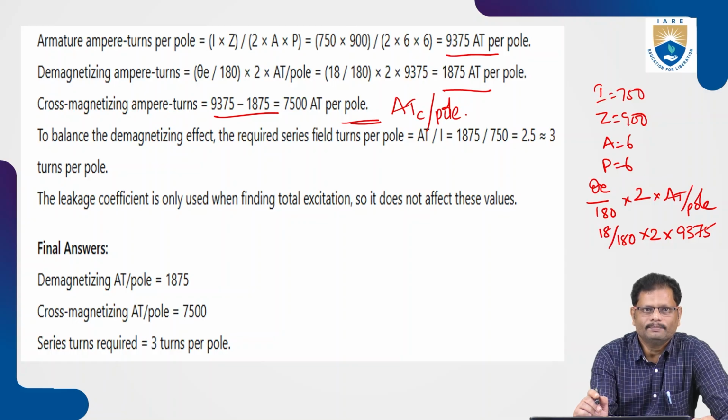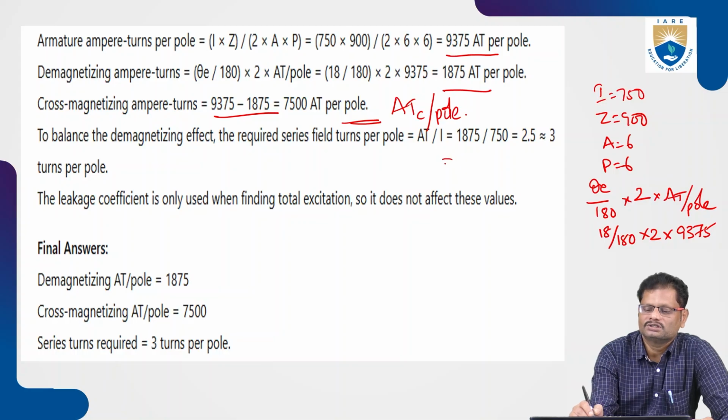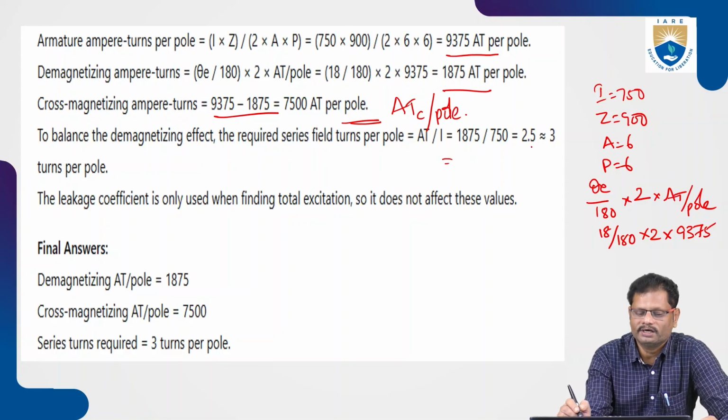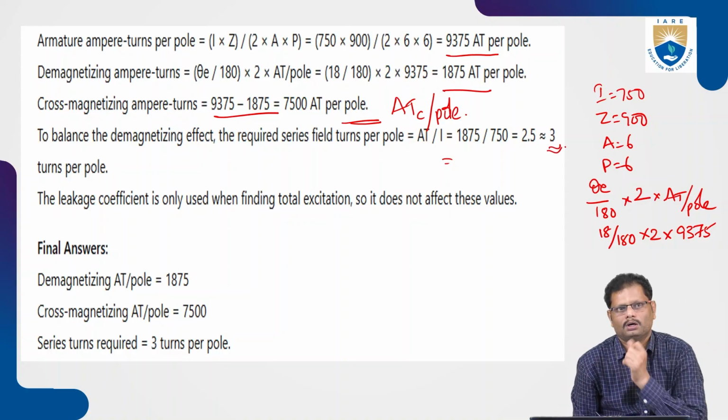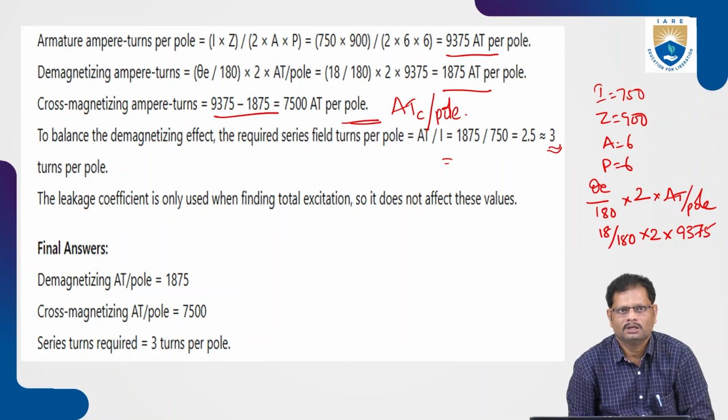So to balance the demagnetizing effect, the required series field turns per pole are ampere turns per ampere. So it is 1875 divided by 750, which is 2.5 turns per pole. So it is not possible to have 2.5 turns per pole, so it is taken as 3 turns per pole.